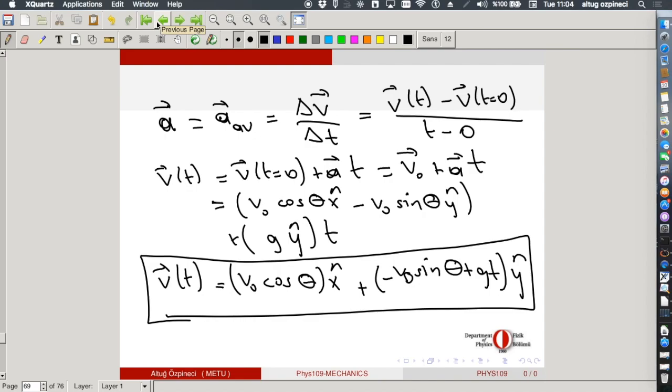Okay, so how can we? I should say that minus V0 sine theta plus g times the time of flight is equal to what? This is the y component, as a function of time.